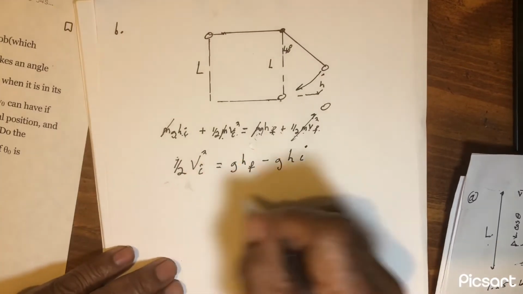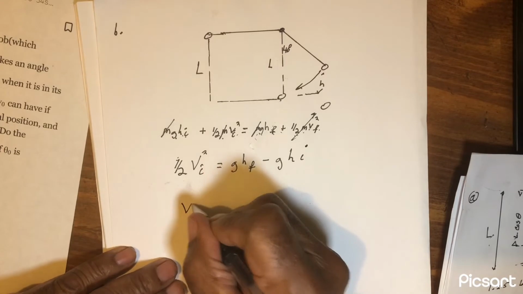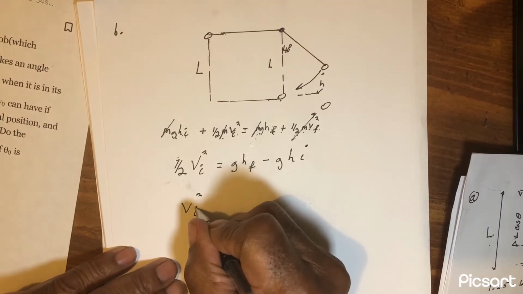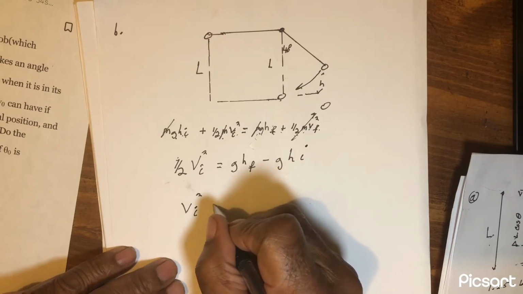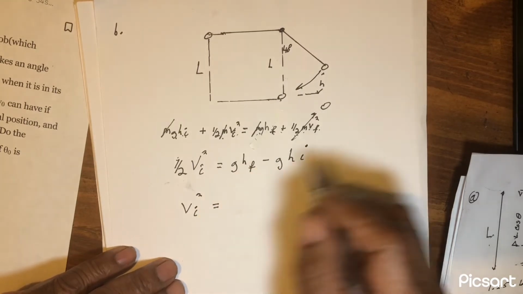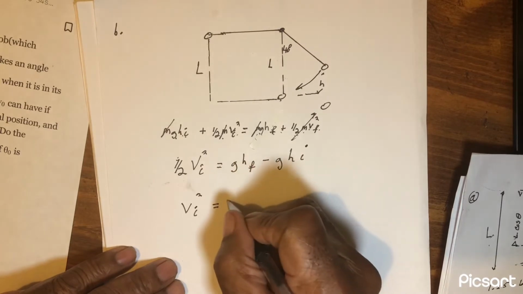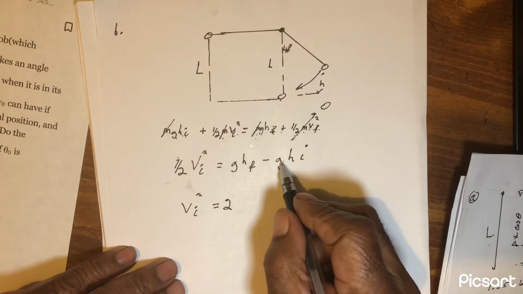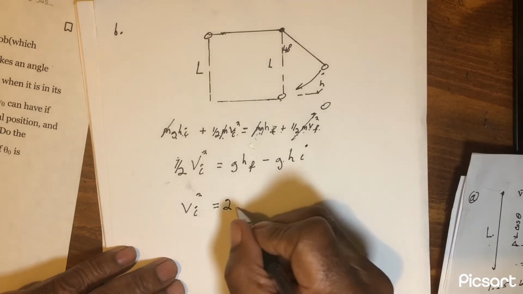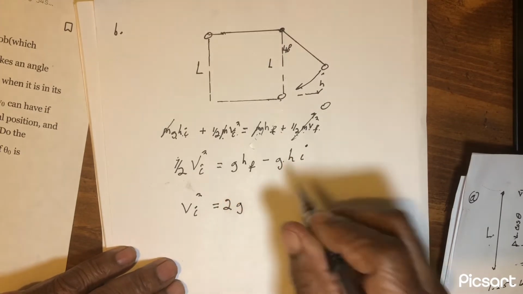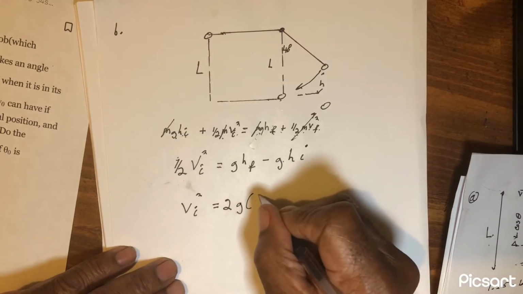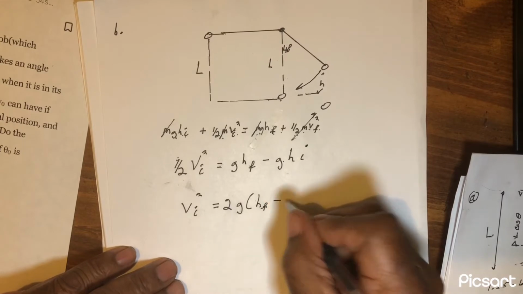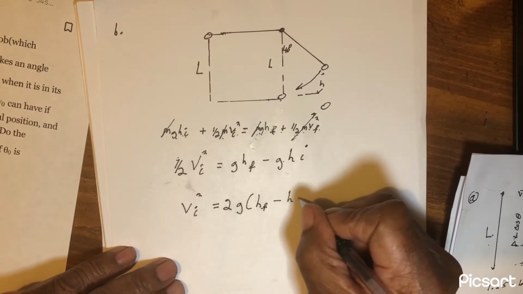So v squared initial is going to equal 2, we take that 1/2 to the other side, and g, since g is coming with both of these, we'll take that out, g, and we're going to have the height final minus the height initial.